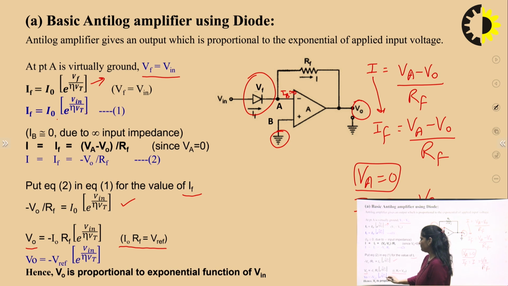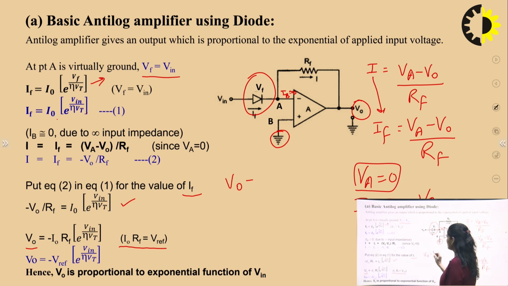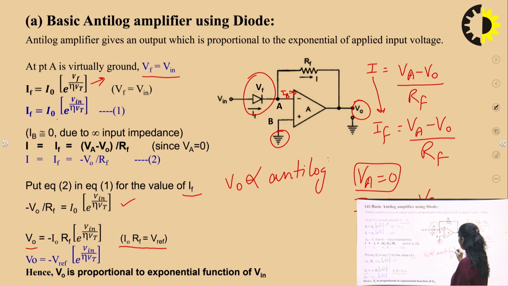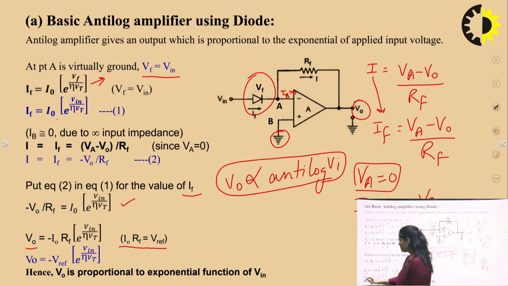In this analog anti-logarithmic amplifier using diode, what do we have to find out? We have to find that the output voltage is directly proportional to the antilog of the input voltage. The final equation is V naught is equal to minus V reference e to the power V in upon eta Vt.